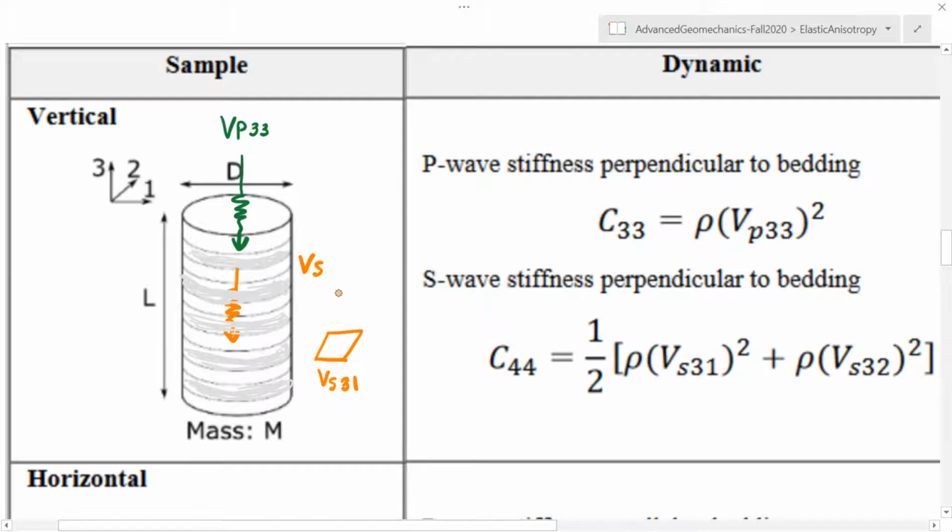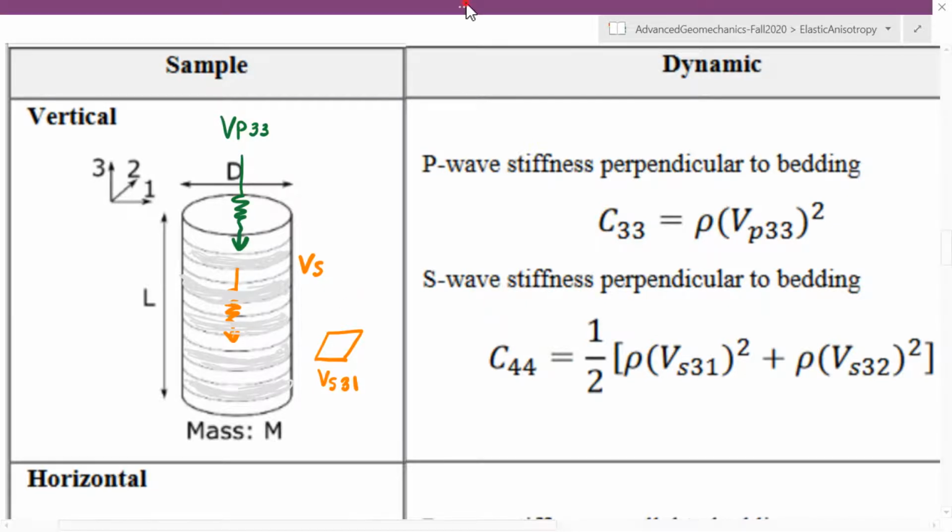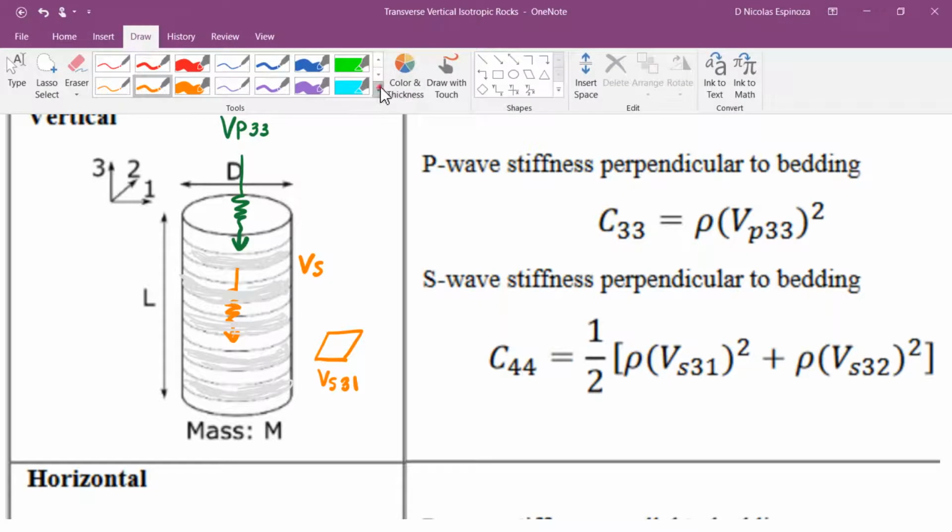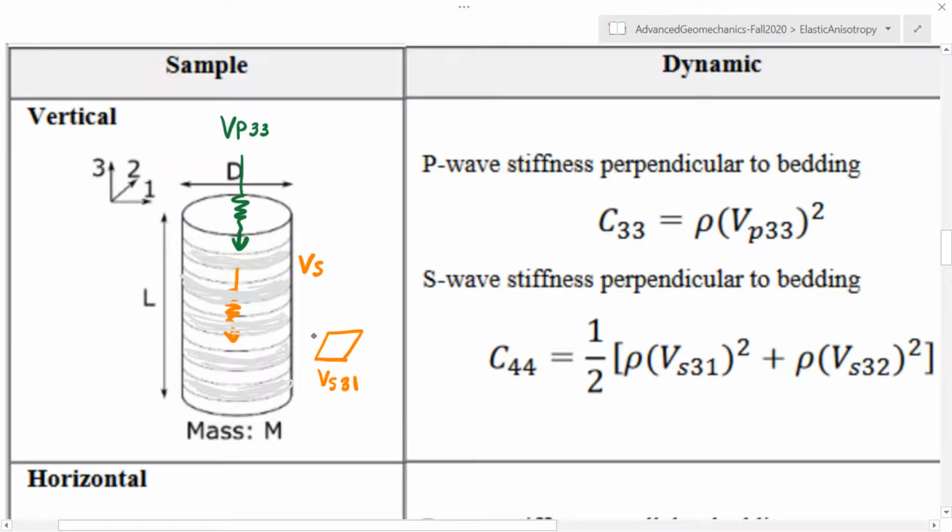I could also have a shear wave that produces a deformation in the plane 2-3. And this is becoming quite difficult to understand in 3 dimensions. So let me add the axis in order to help that. So this is 3, this is 1, and this is 2.